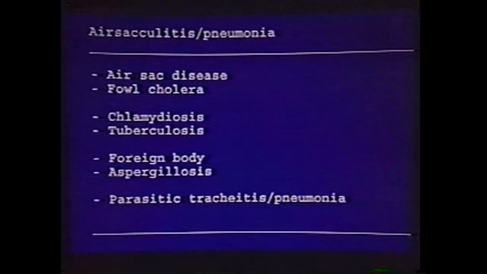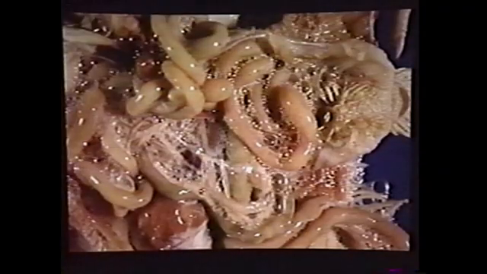Can also be caused by aspergillosis, parasites, which we just covered, parasitic pneumonia, tracheitis. It is an air sac disease. We talked about that earlier when we talked about perihepatitis, pericarditis, peritonitis, commonly caused by E. coli. The early lesion of this is foamy air sacs. This foamy exudate looks as if you washed the gut with soap, which is the case in this slide.